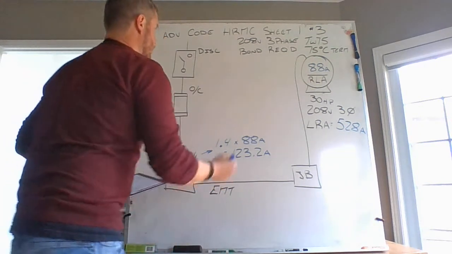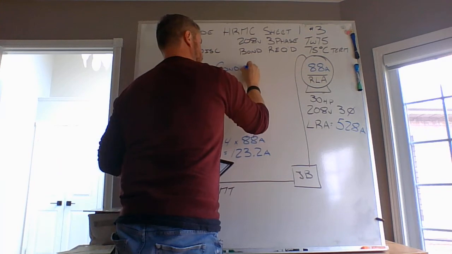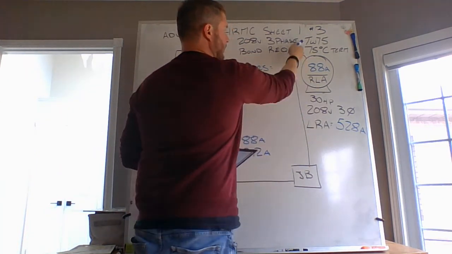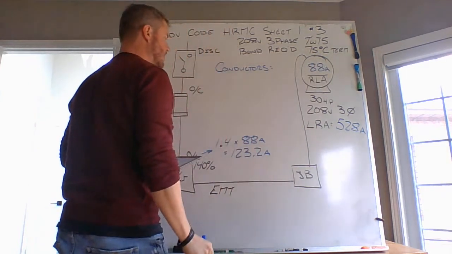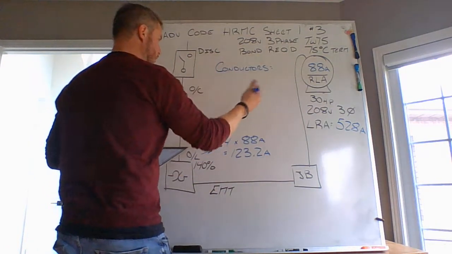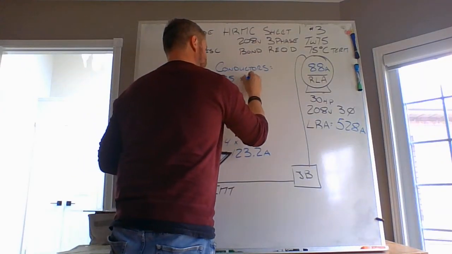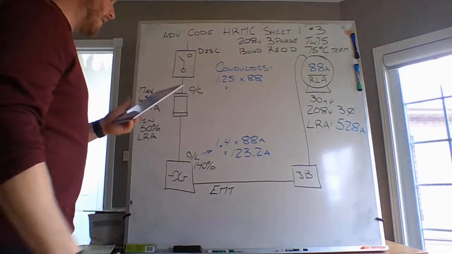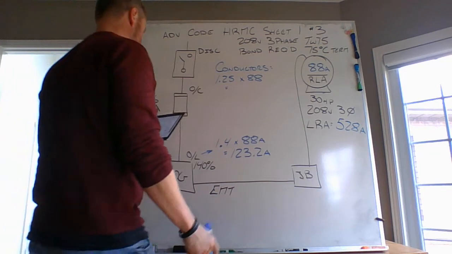We can go now to conductor gauge. Okay, 75 degrees Celsius conductors, 75 degrees Celsius terminations. I'm looking at 125% of my rated load current. So I am 1.25 times 88, giving me a minimum conductor ampacity of 110 amps.